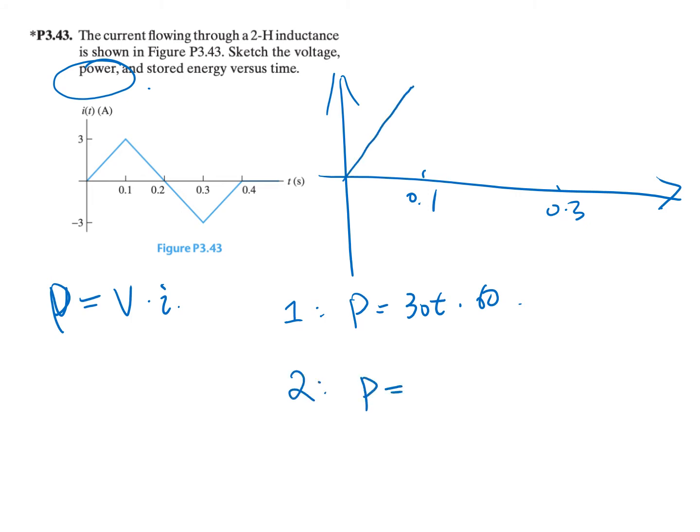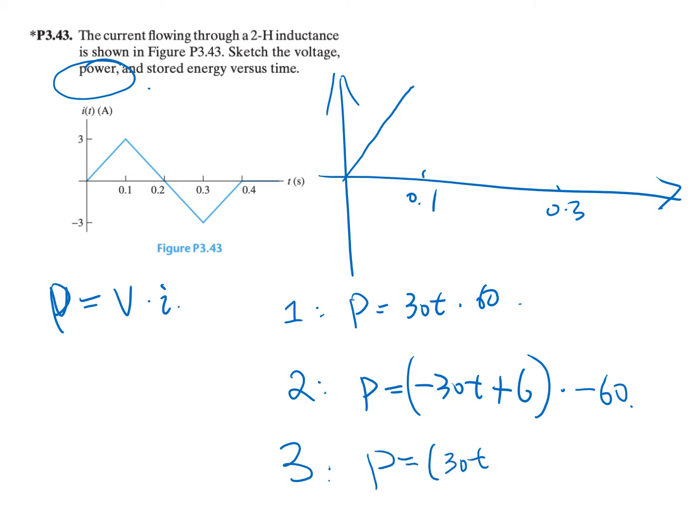For the second stage, that's negative 30t plus 6 times negative 60. For the third stage, P is equal to 30t minus 12 times 60.